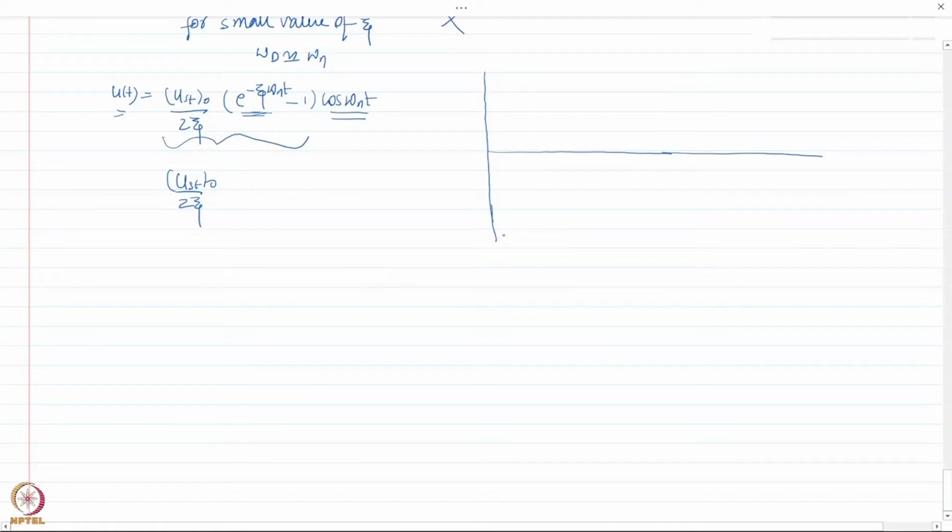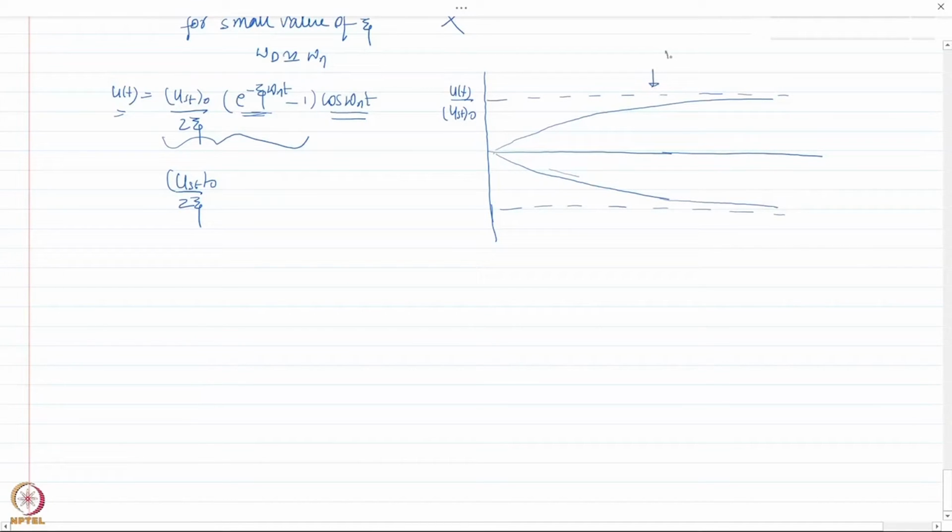If I try to plot u(t) divided by u_st0 here, what would basically happen? Let me draw this envelope curve. This represents the asymptotic line, which is the constant amplitude.